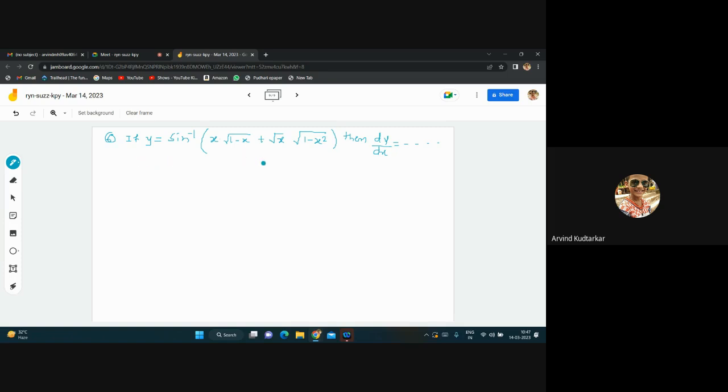Now, when you are evaluating the differential directly, the process will be lengthy. The derivative of sine inverse is 1 upon root of 1 minus x square, which means you have to square the whole term. So here, outside there is sine inverse. It means you have to convert this polynomial into sine, because outside there is sine inverse.